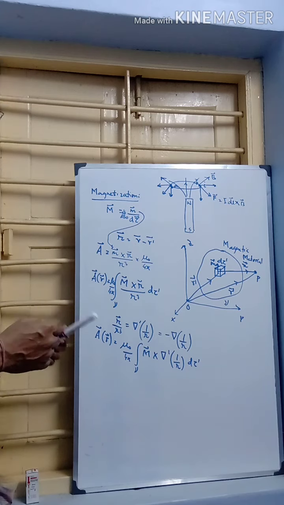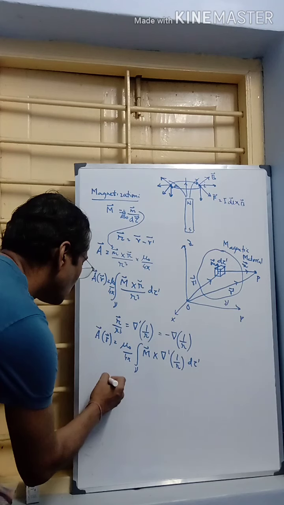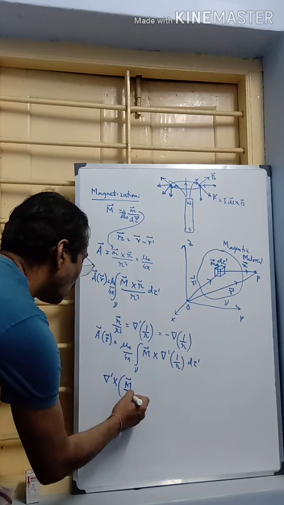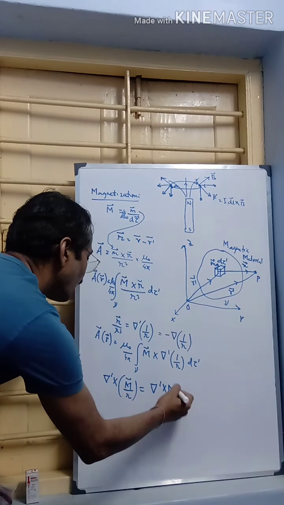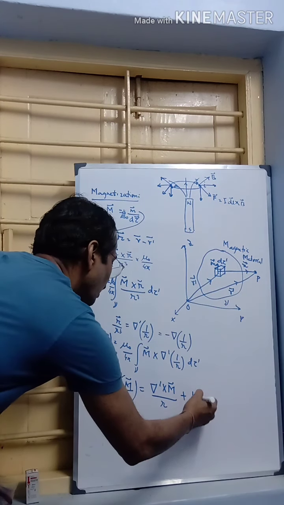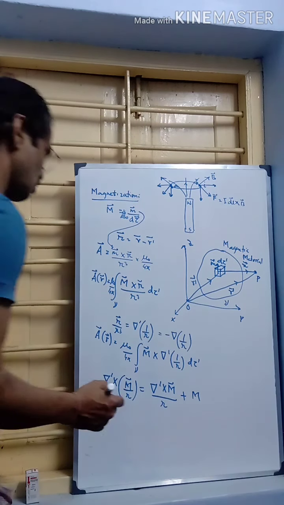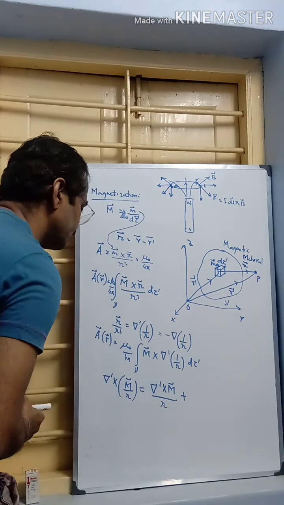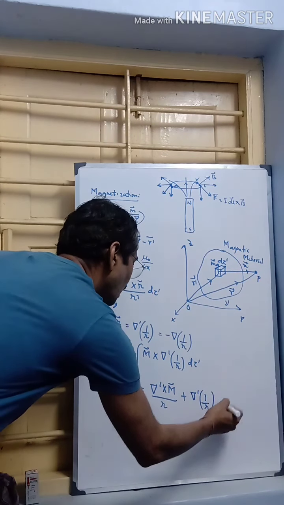We can just write this as equal to curl of m by r plus m cross grad prime of 1 by r.